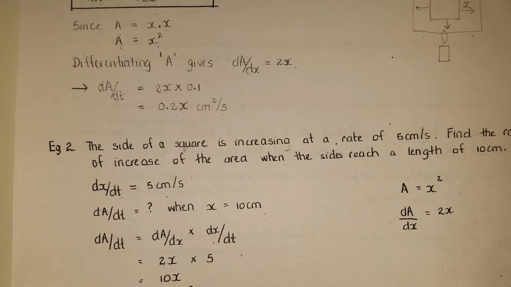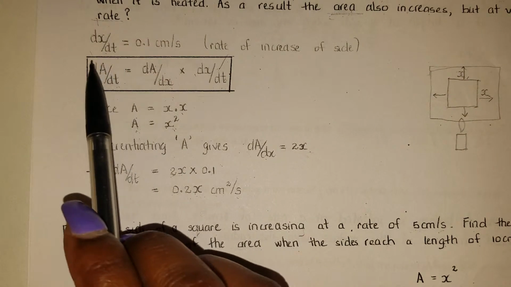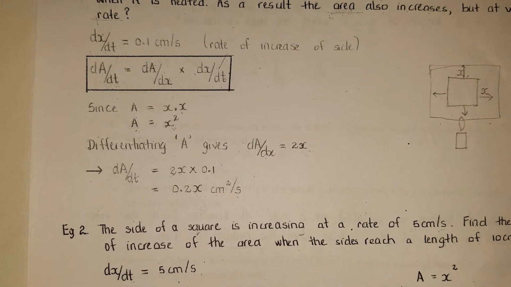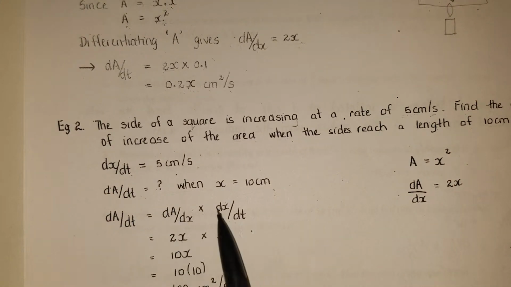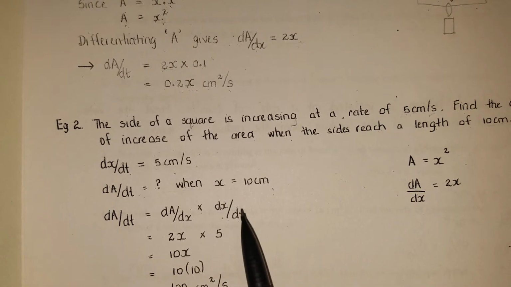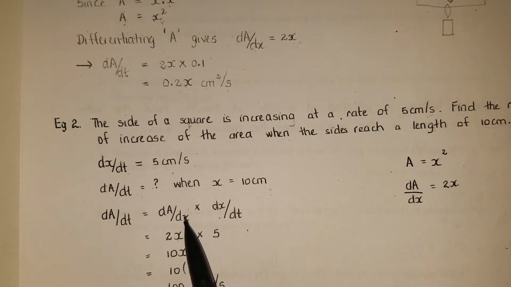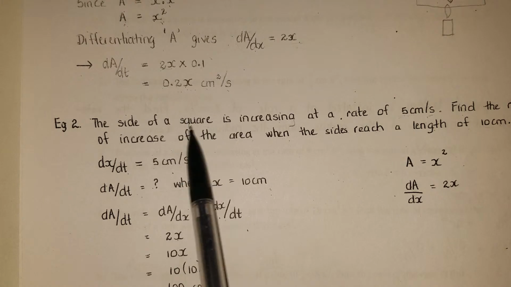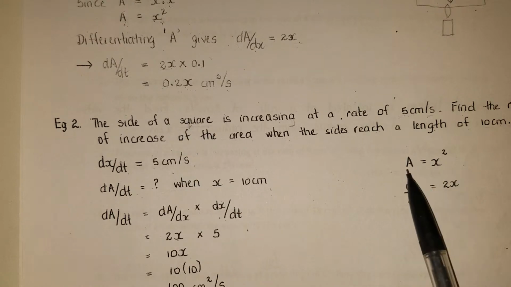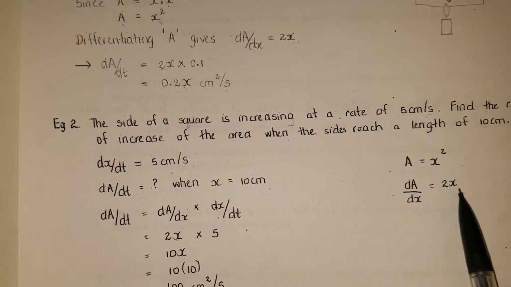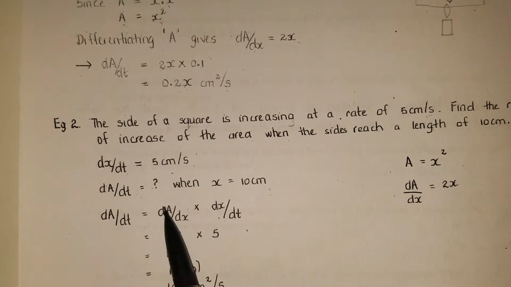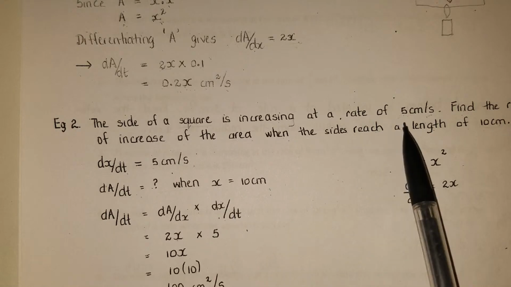So from the formula that we obtained above, same formula we're going to use, dA/dt equals dA/dx times dx/dt. dA/dx is once again 2x because we're still dealing with a square. So when we have the area function of the square, it was x squared and gave us a 2x after being differentiated. dx/dt in the question is 5.